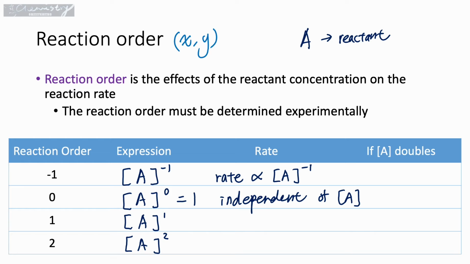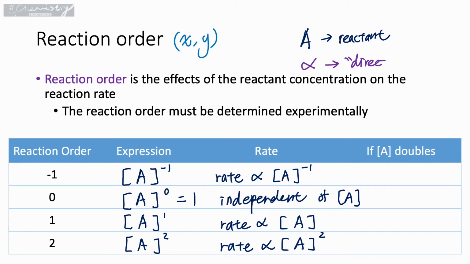And if it's 1, that means that the rate is directly proportional to the concentration of A. Same idea, if the reaction order is 2, then the rate is directly proportional to the concentration of A squared. And just in case, this means directly proportional to. Cool.